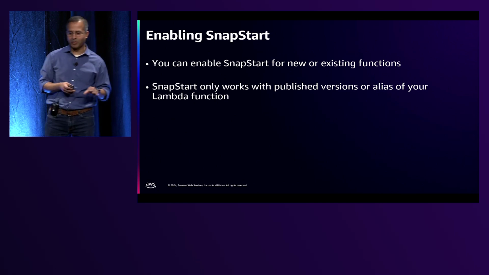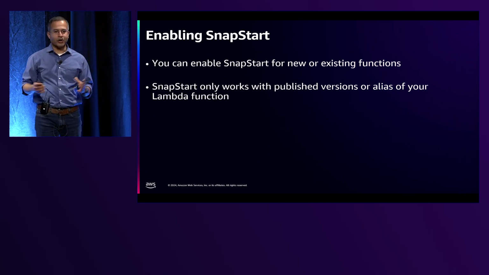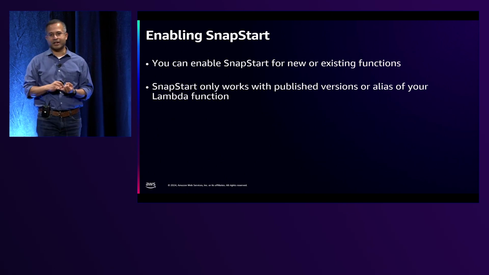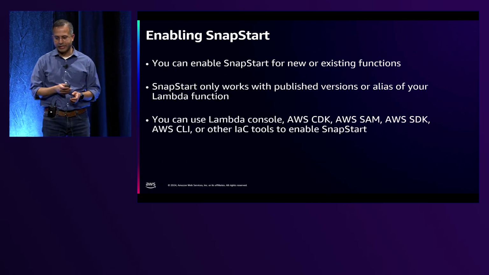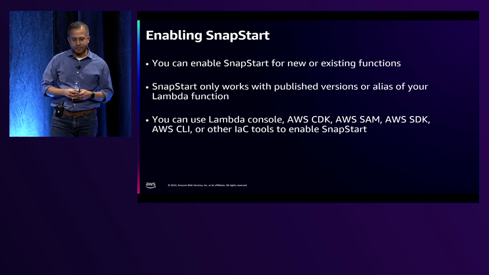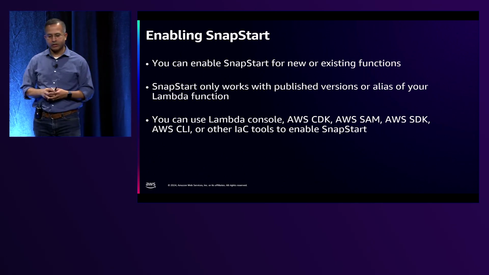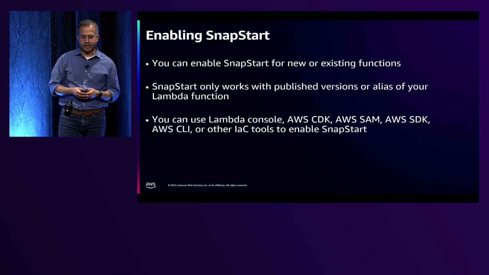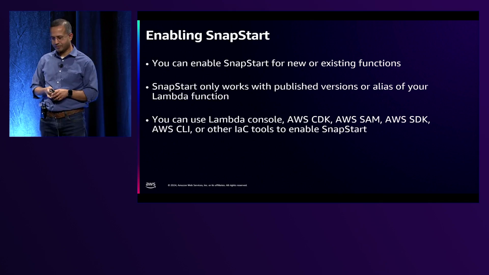So this one is important, and then we'll cover how you monitor and confirm that SnapStart is available, active, and running. You can enable SnapStart using the console, SDK, CLI, SAM, and I'll cover some of this right now.